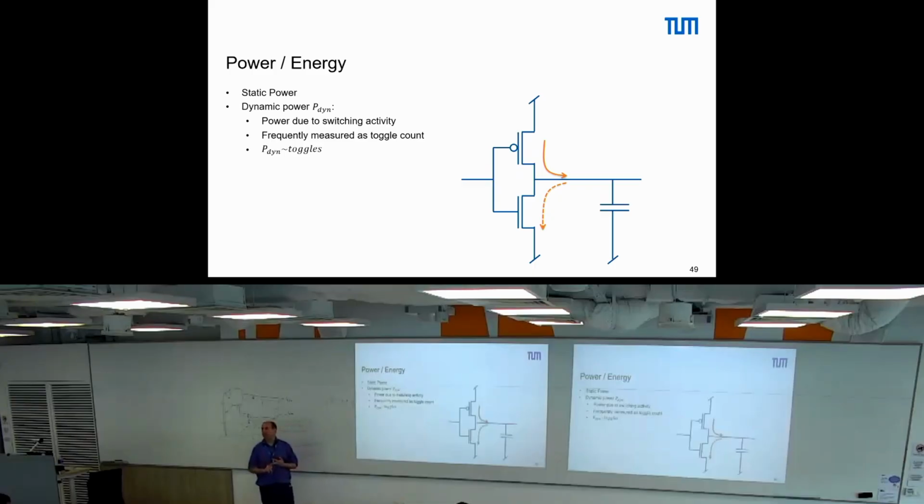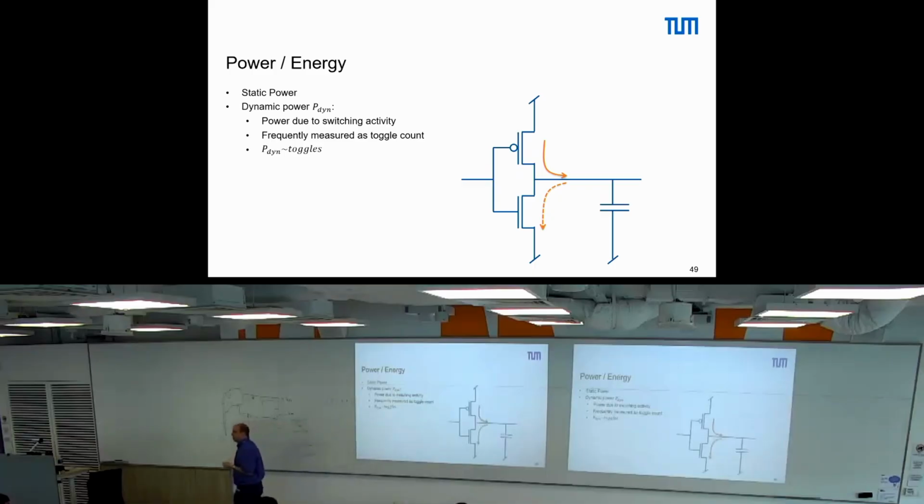So you have effectively no complete off of your current, meaning you still have some current from VDD to ground, either, as I said, to the bulk or somewhere else, and that is called static current.